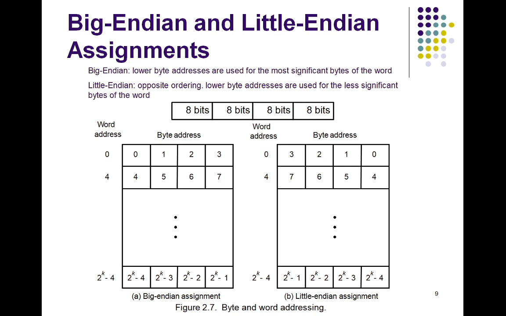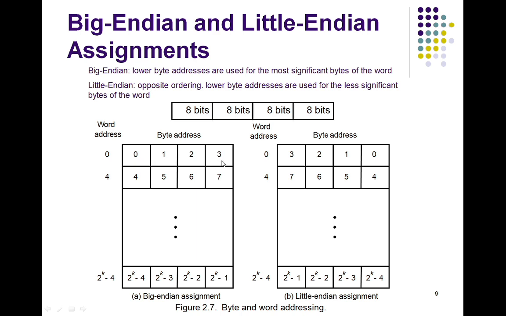Here the name big endian is used when the lower byte addresses are used for the most significant byte, or the most significant word. For example, these are the memory words, horizontal rows, and this is the least significant position, and this is the most significant position.